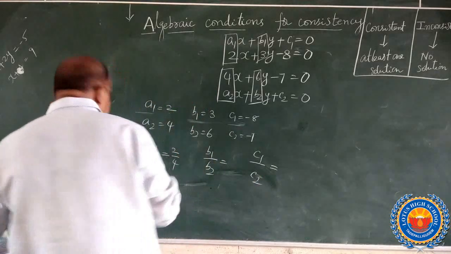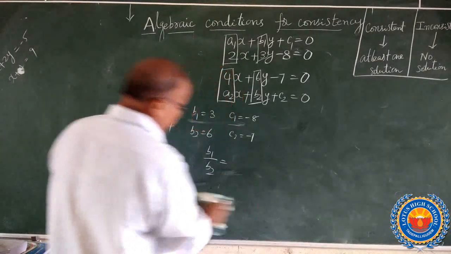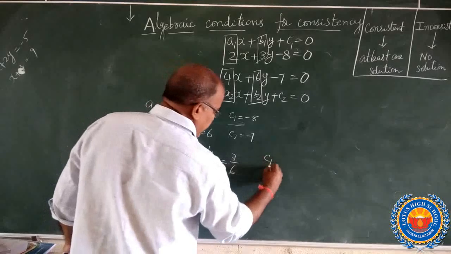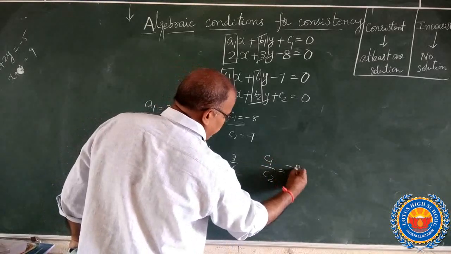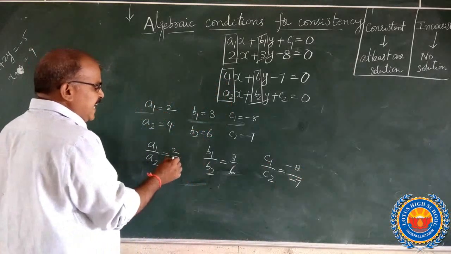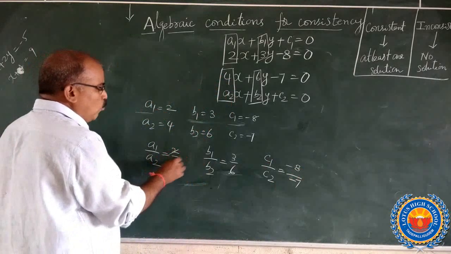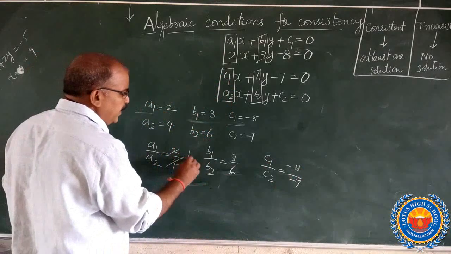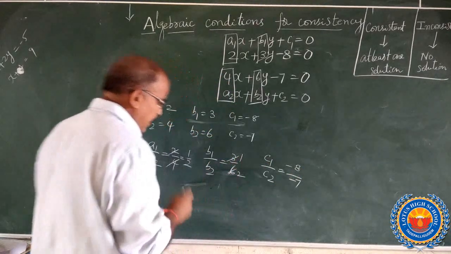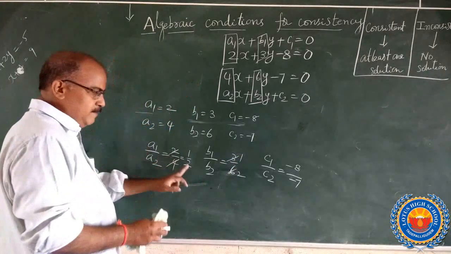What is b1 by b2? 3 by 6. What is c1 by c2? Minus 8 by minus 7. Listen carefully. So this a1 by a2 is nothing but 1 by 2, and b1 by b2 is nothing but 1 by 2.